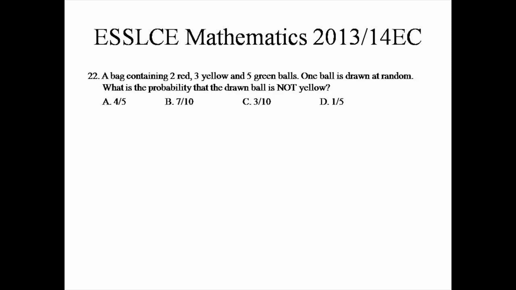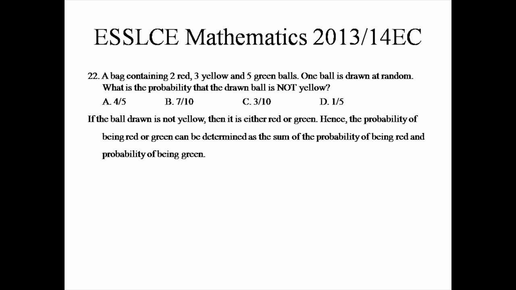Question number 22. A bag contains 2 red, 3 yellow and 5 green balls. One ball is drawn at random. What is the probability that the drawn ball is not yellow? If the ball drawn is not yellow, then it is either red or green. Hence, the probability of being red or green can be determined as the sum of the probability of being red and the probability of being green.